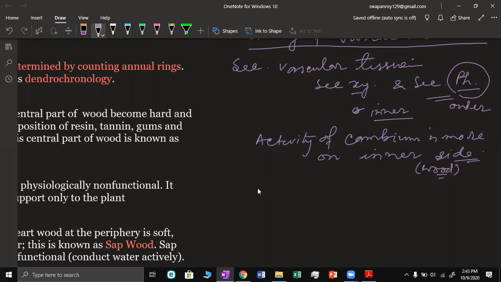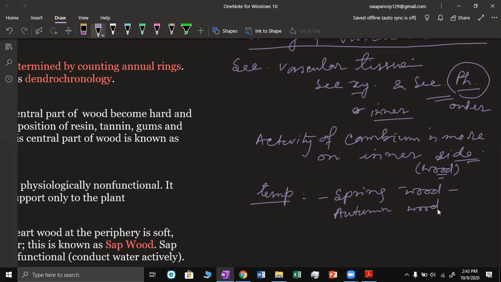This activity is also influenced by the environmental condition and particularly by temperature. During the spring season, there is a production of spring wood, and during the winter and the autumn, there is production of autumn wood.